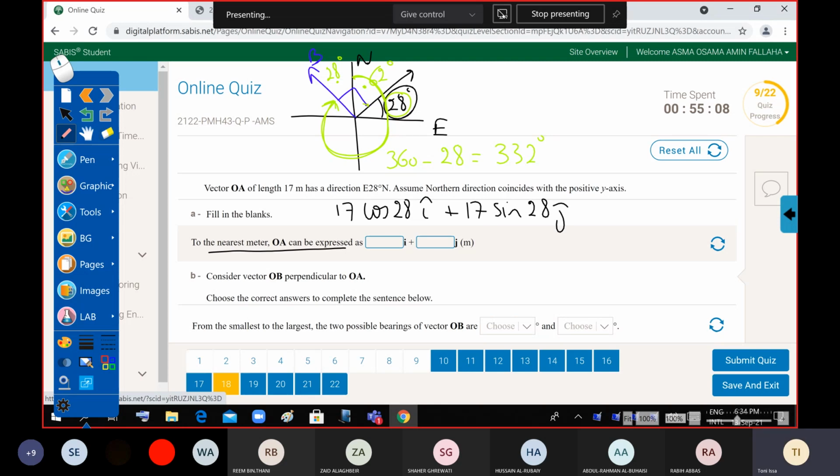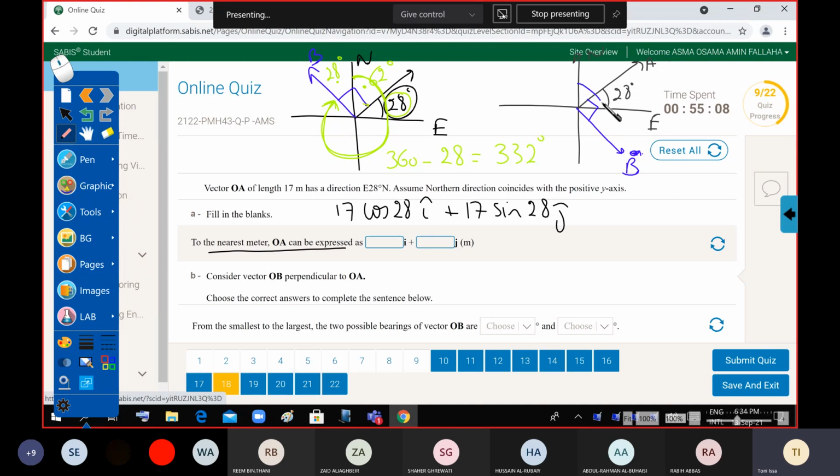That is the first choice, but also remember, I can draw B perpendicularly to the other side. This is east, this is north, this is the vector OA, 28 degrees. But also, I can draw B to the other side, perpendicular like this.